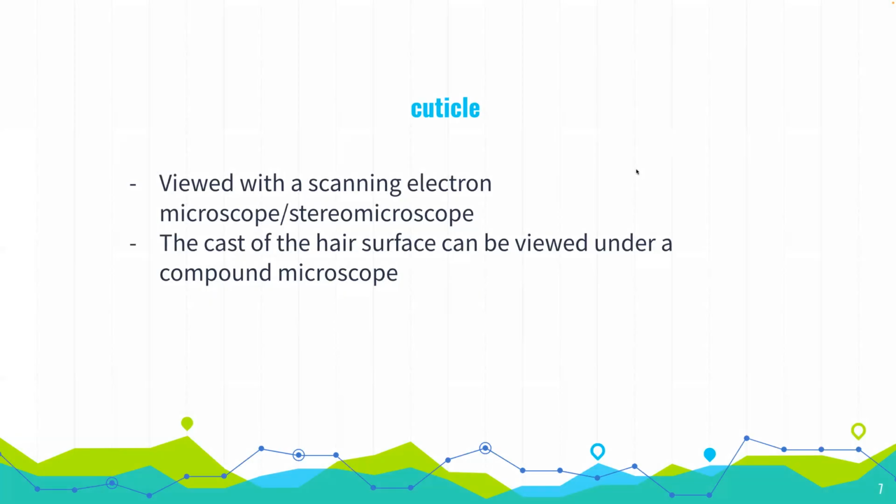All right, so let's start with the cuticle. It is viewed with a scanning electron microscope, and I'll show some pictures of that later. The cuticle can also be cast, and it can be viewed under a compound microscope.